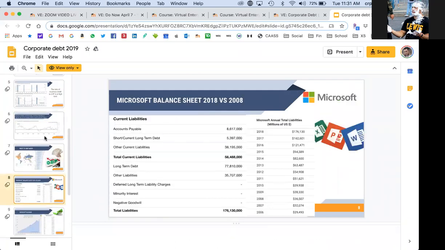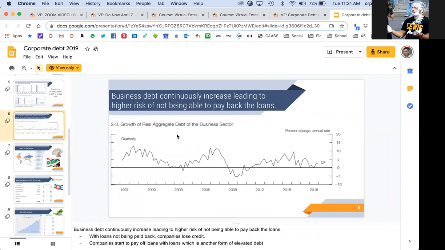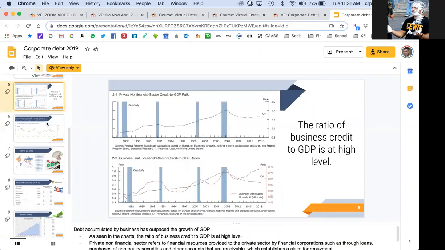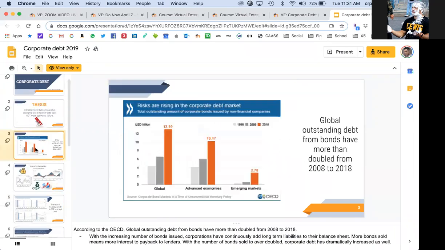Then we went back to the balance sheet. Then we're talking business sector growth in debt. Then we're talking housing versus business credit to GDP ratios. Then all of a sudden we're starting to talk about the bond market, and it's just very confusing.